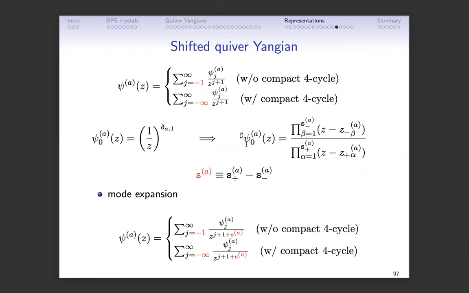So they have different representations, so they have different charge functions, and this charge function, because it enters the full charge function, which is the eigenvalue of your Cartan, changes the mode expansion of the Cartan. So they're essentially the same quiver Yangian, except that they have different shifts.